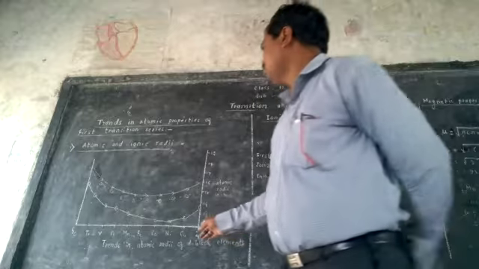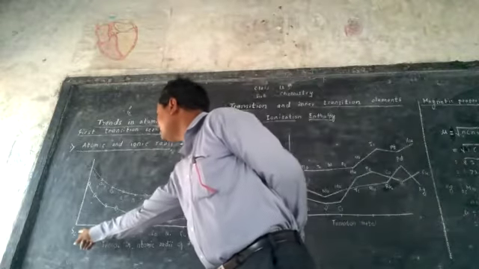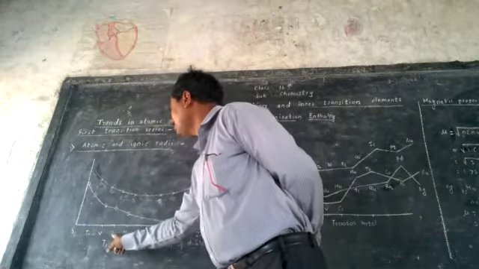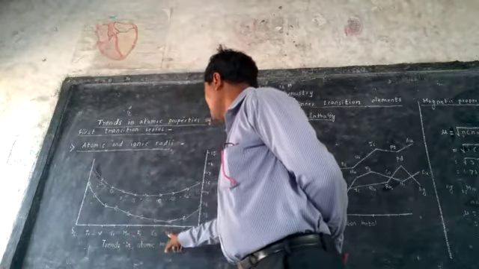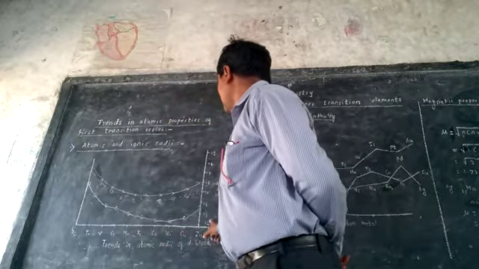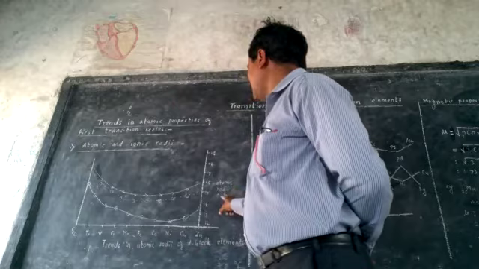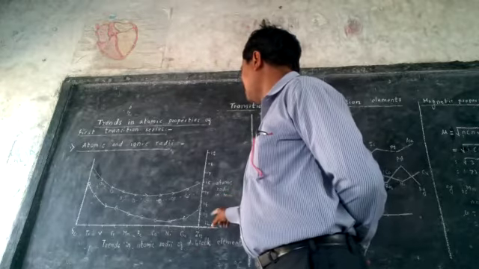Here in the diagram are scandium, titanium, vanadium, chromium, manganese, iron, cobalt, nickel, copper, zinc, and the atomic radii in millimeter are given.